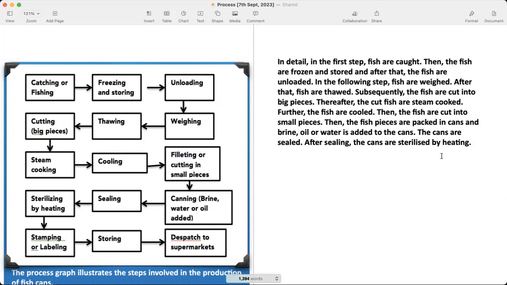Yes. Okay, next. Next is a good connector. Tell me. The cans are labeled and stamped. Cans are stamped or labeled, yes.